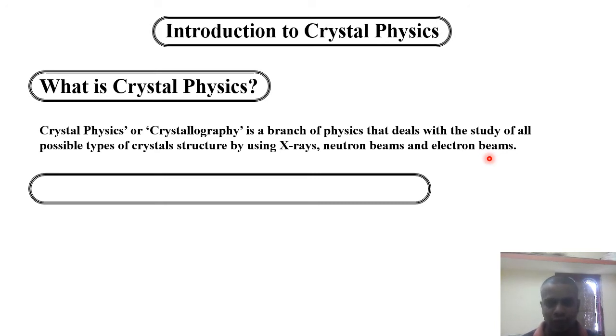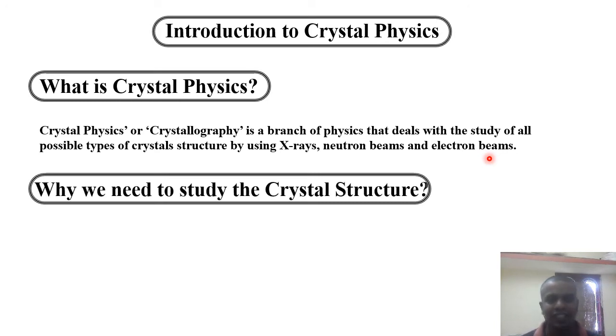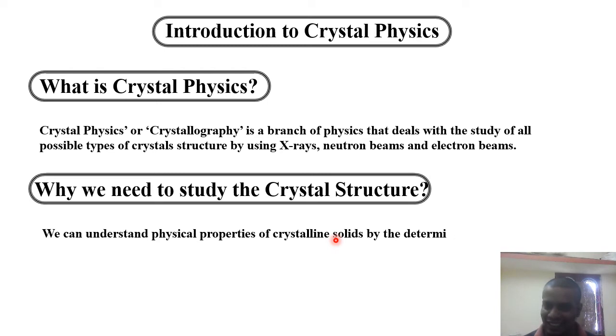Next question: why do we have to study crystal physics? I already answered that in the beginning part. If you want to understand the physical properties of the crystalline solid, without the actual internal structure, we can't study the physical properties.